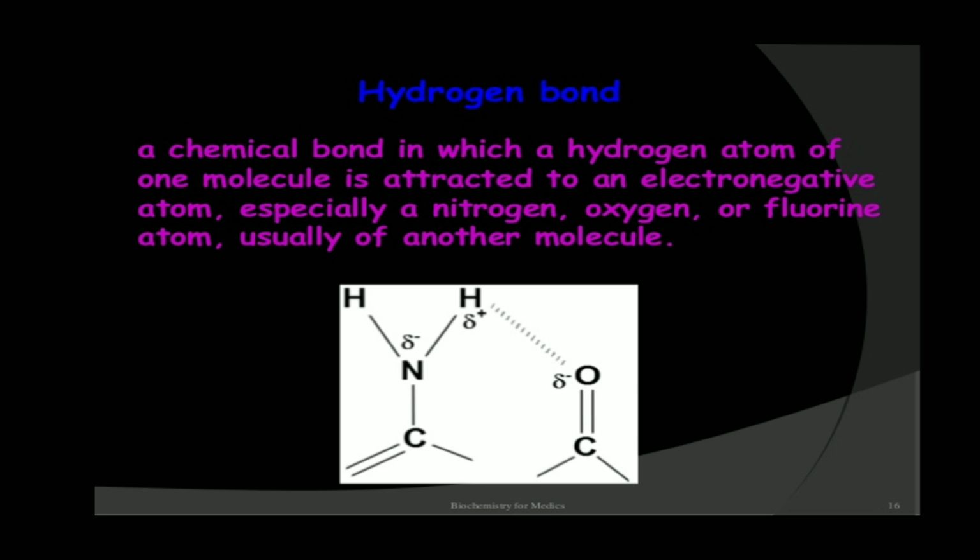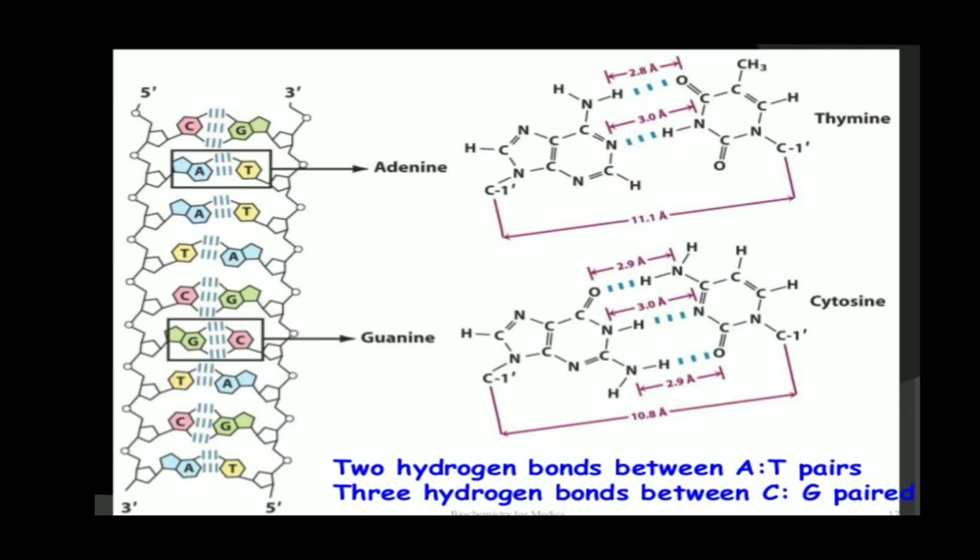Here you can see the linkage between hydrogen and oxygen, and this bond is called a hydrogen bond. There are two hydrogen bonds between the adenine-thymine pairs and three hydrogen bonds between the guanine-cytosine pairs. Thus, they form the linkage between the two strands and form the double stranded structure of DNA.